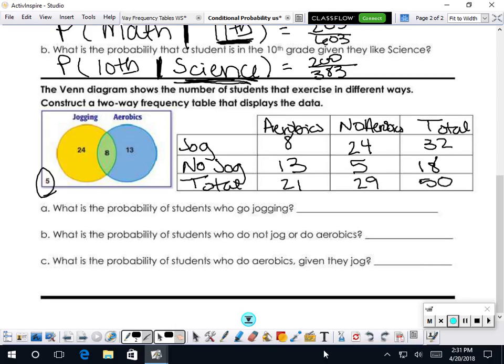All right, so A asks, what is the probability of students who go jogging? So I'm going to take the total number of jogging, which is 32, out of the total in my table, 50. So this is a review of yesterday's notes. Reduce your fractions. 32 over 50 will be 16 over 25.